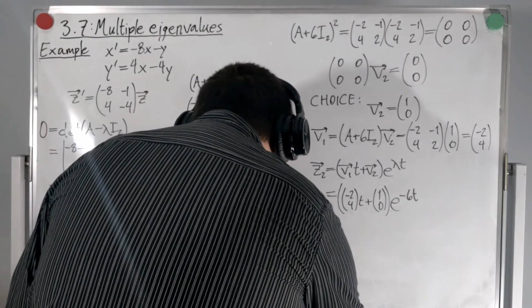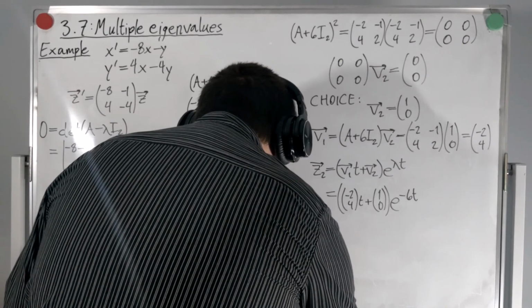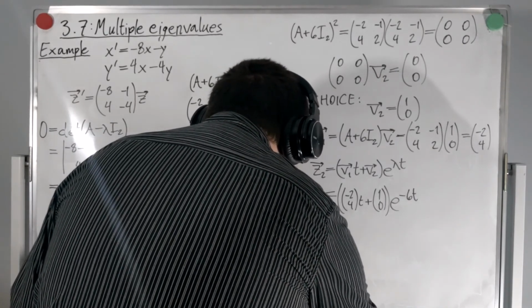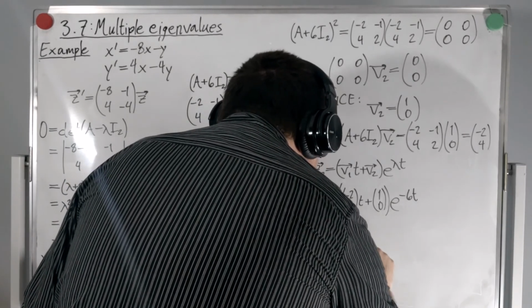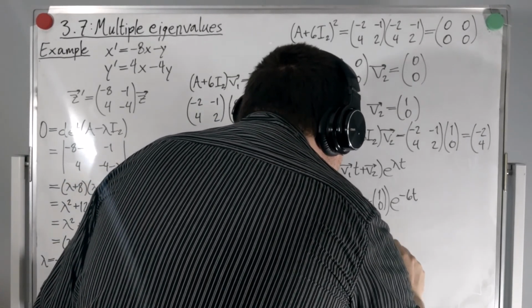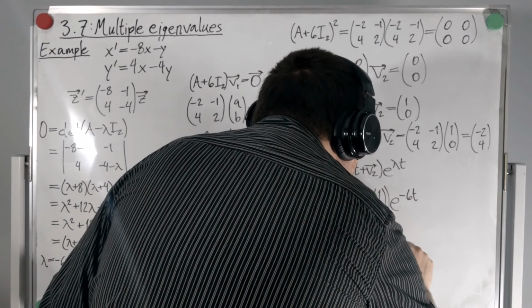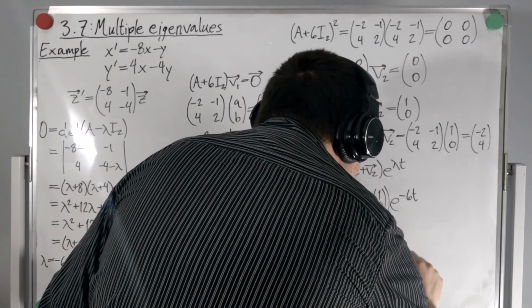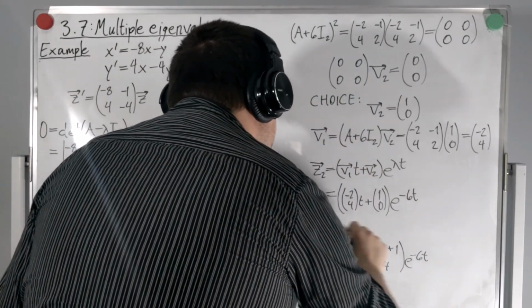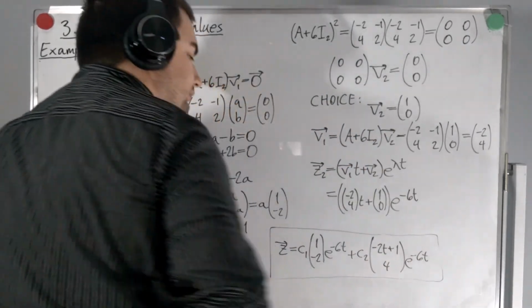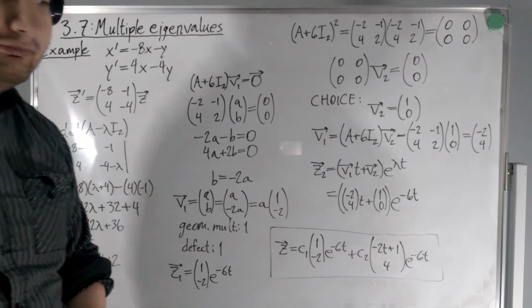And so our general solution is all the linear combinations of the basis solutions. (1, -2) e to the negative 6t plus (-2t plus 1, 4t) e to the negative 6t. And that is that. Okay.